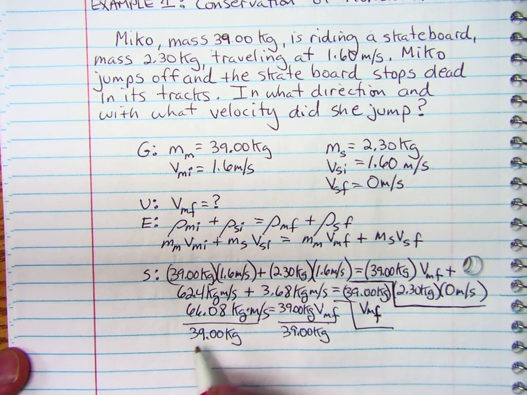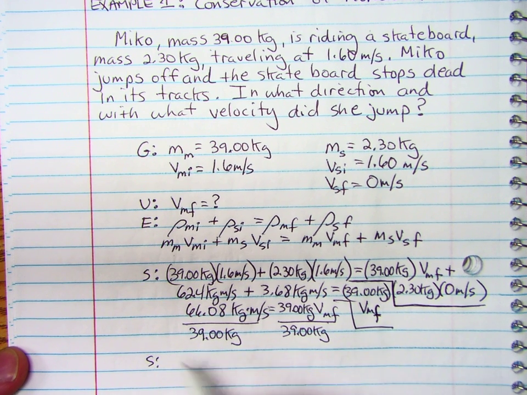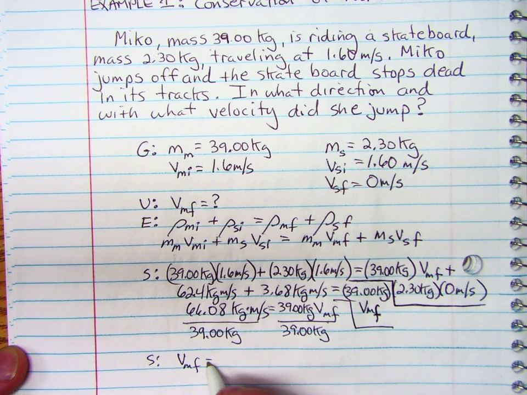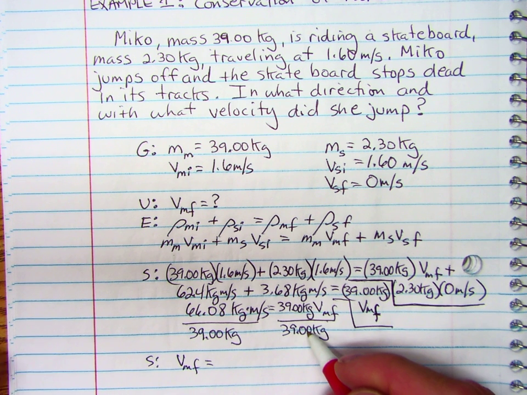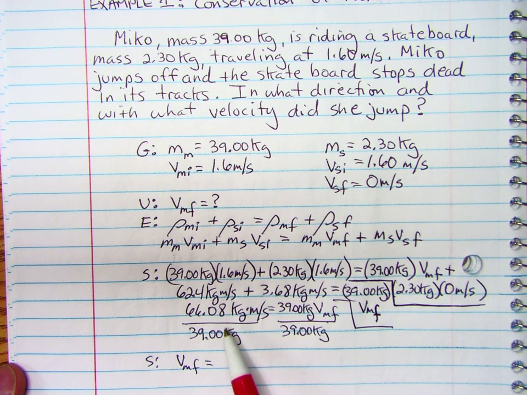And I get my solution, which is going to be VMF equals, see this cancels, 39 divided by 39 is 1, so it is equal to 66.08 divided by 39, and that gives me 1.694. Now I'm going to round this using significant digits.